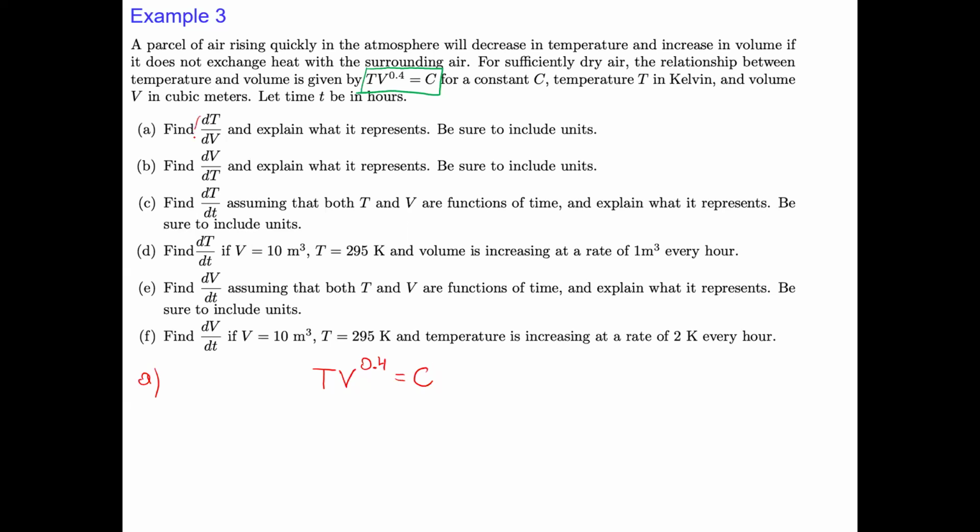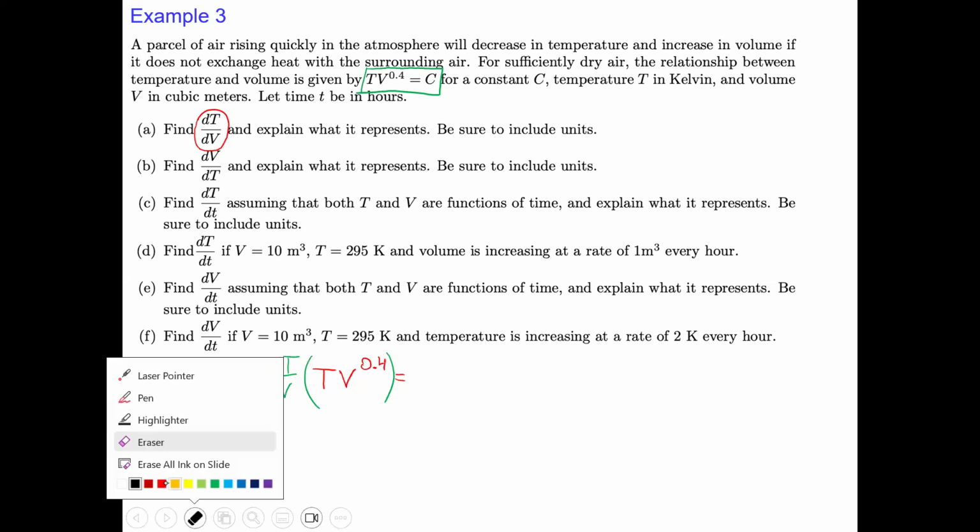And we're looking for this. We will differentiate temperature with respect to volume. That means volume is actually the independent variable. The derivative of V will be just 1.